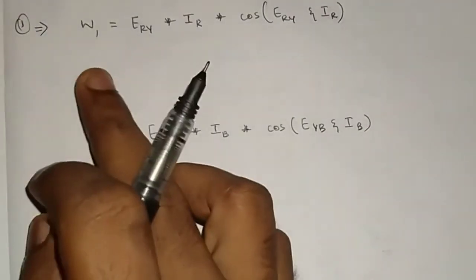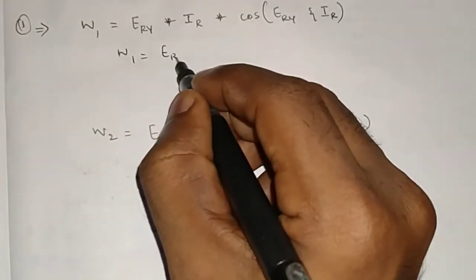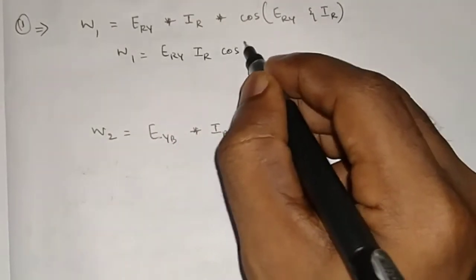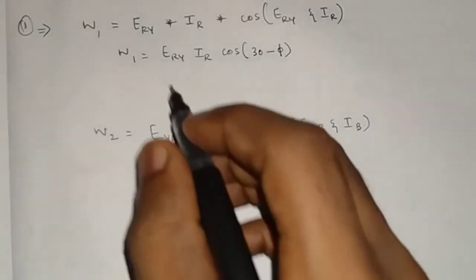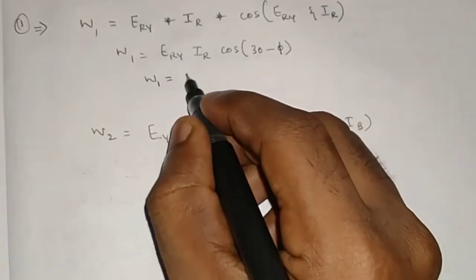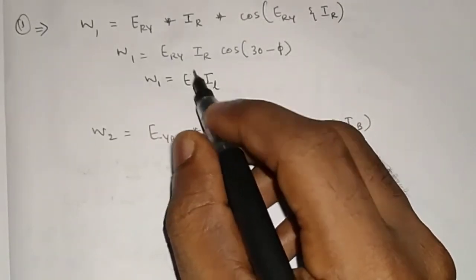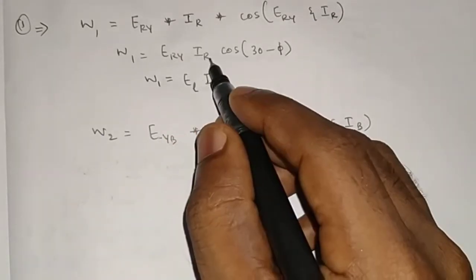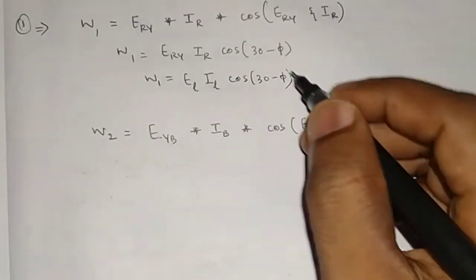After finding the angle, just substitute in equation number 1. In equation number 1, W1 is equal to ERY IR into cos of the angle between ERY and IR, which was 30 minus phi. Now we know that ERY is nothing but line voltage and IR is line current. So in the place of ERY, write EL, and in the place of IR, write IL. Cos of 30 minus phi.